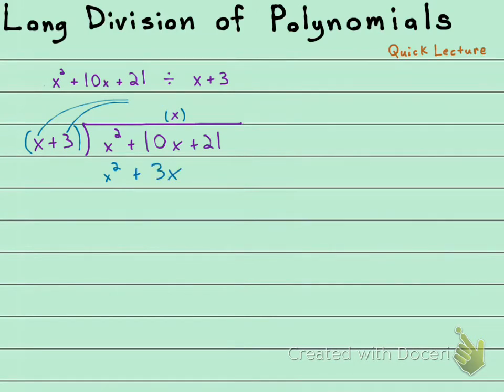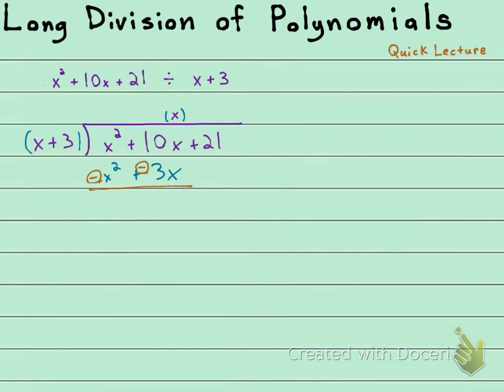Now, when I go to subtract, I like to use this little phrase to help remind me I'm really subtracting both of these things. And I'd like you to say it also. Draw the line, change the signs. This will become a minus x squared, and this will become a minus 3x.